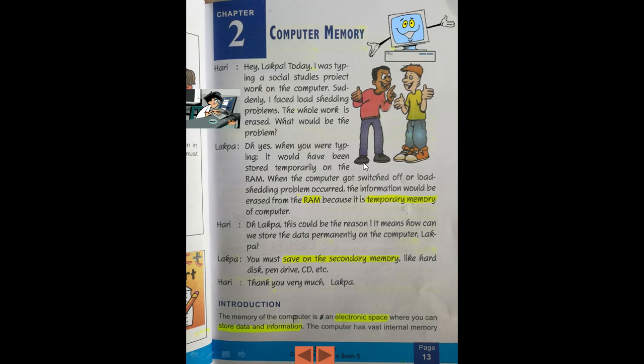Okay, so this was the conversation between two friends, Hari and Lakpa. Now I'll begin with the introduction. The memory of the computer is an electronic space where you can store data and information.